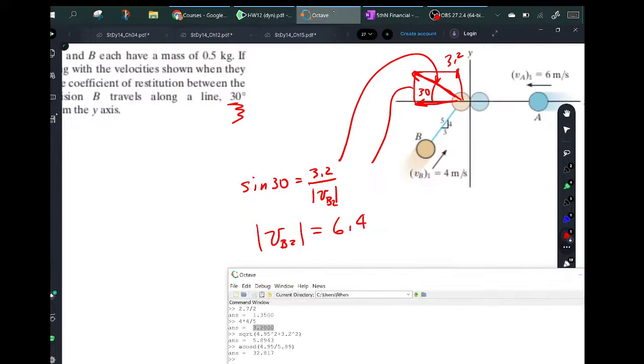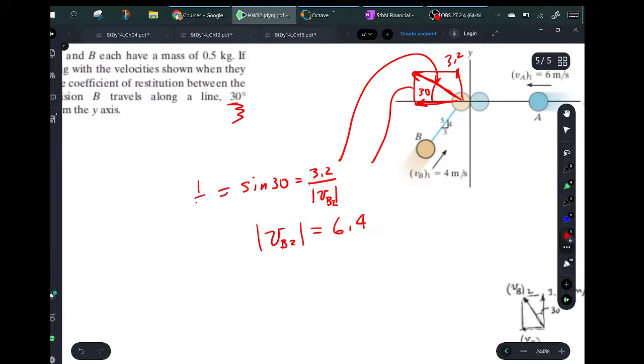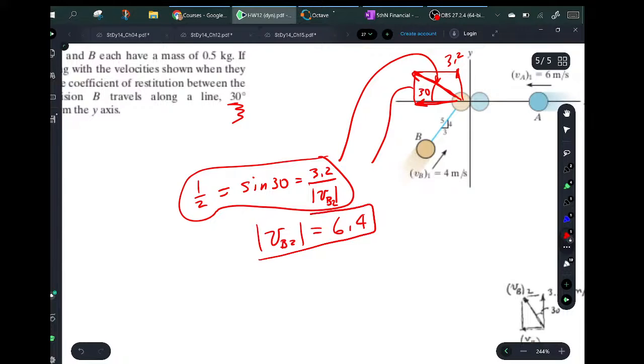Let's find out. Sine of 30 degrees, okay, that value is a half, 1 over 2. So if you take this equation, then yes, in fact, that's the case. So if that velocity B is 6.4, then what's the cosine of 30 degrees?